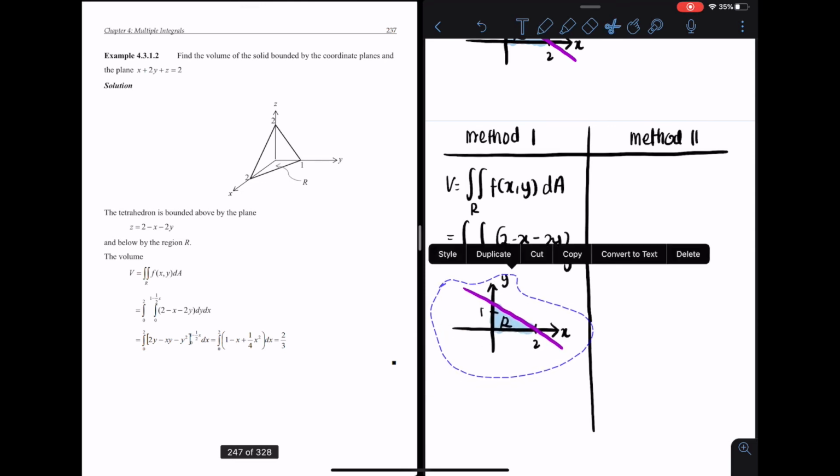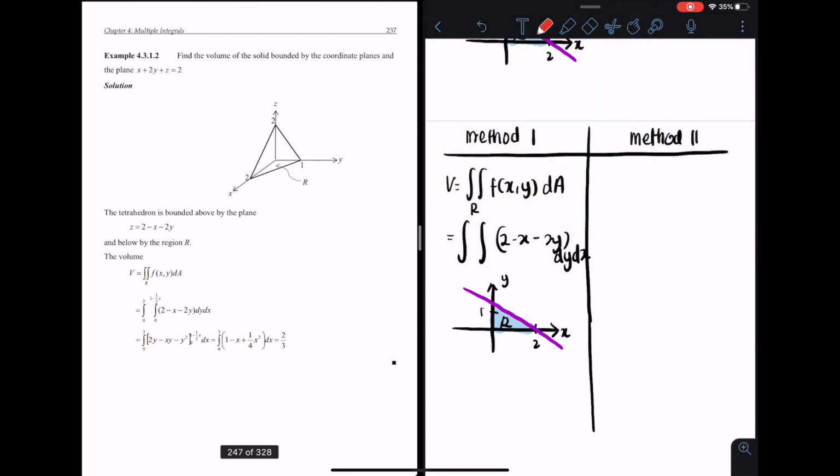Again, this is my region R, and then I'm going to sketch an arrow bottom up parallel to the y-axis. Then the first integral is integration with respect to variable y, and y should be the subject of your equation. And the best equation to represent this purple straight line is, by assuming z equal to 0, you will get x plus 2y equal to 2.